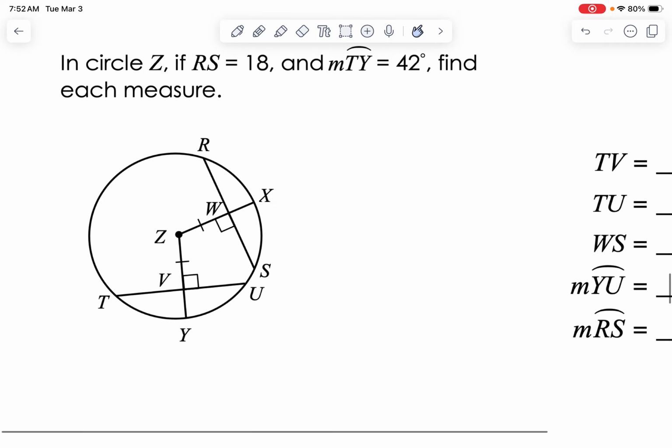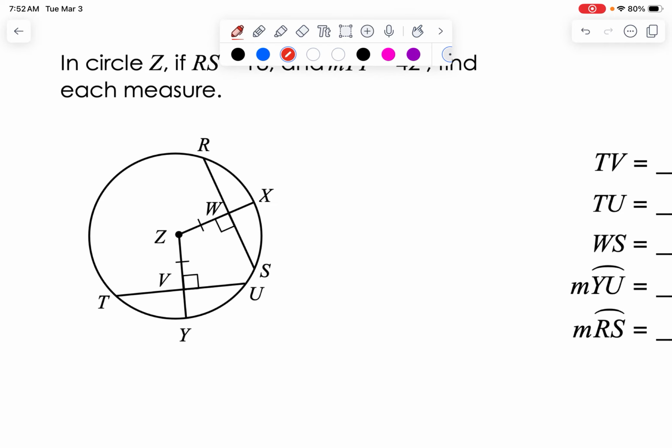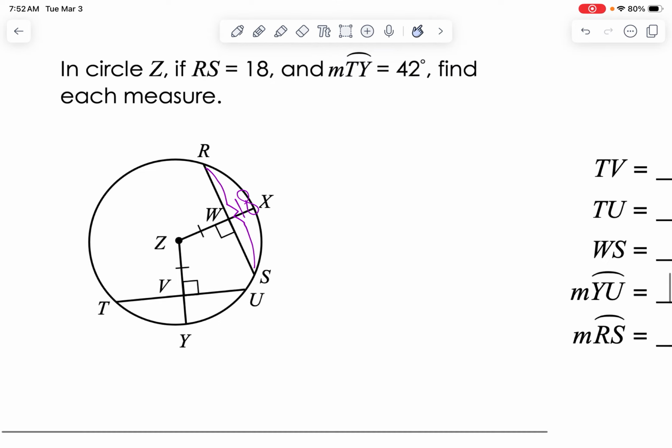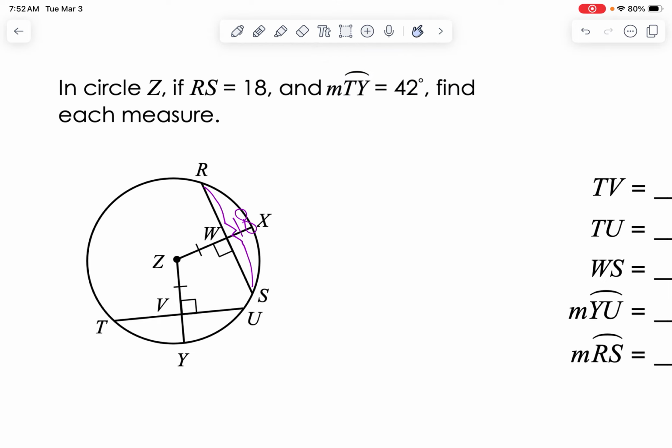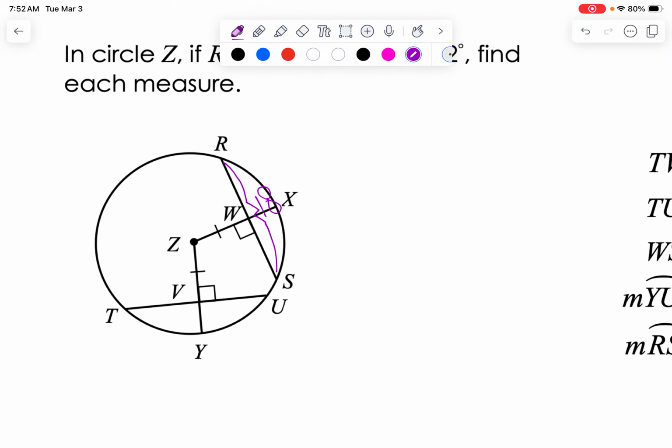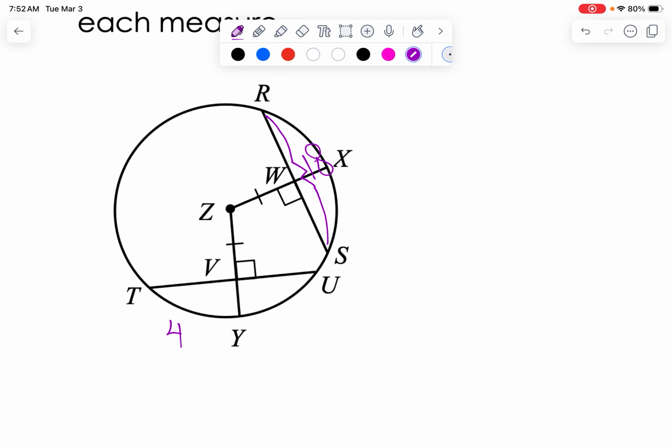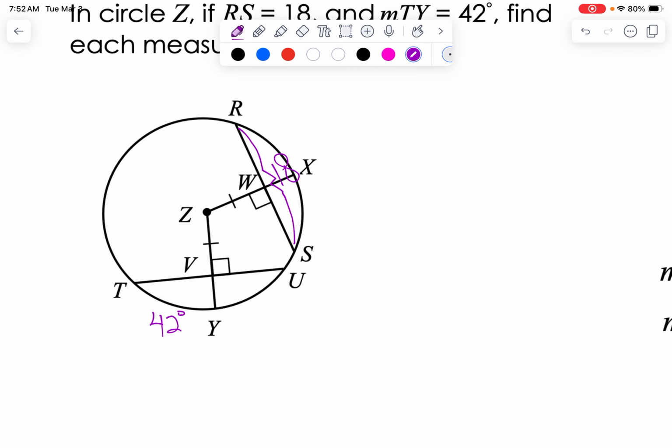So RS, right here, this distance there is 18. Now, I also know that the other part of this is the measure of TY is 42. So this is 42 degrees.